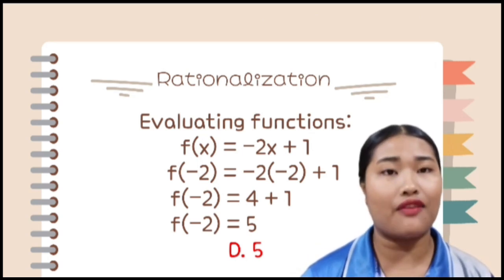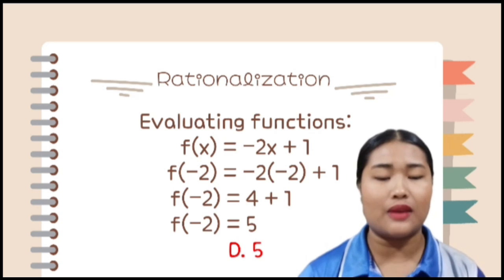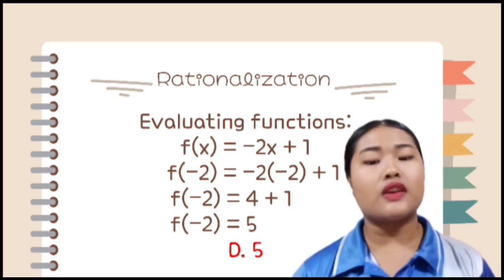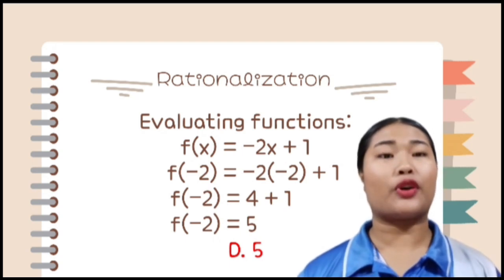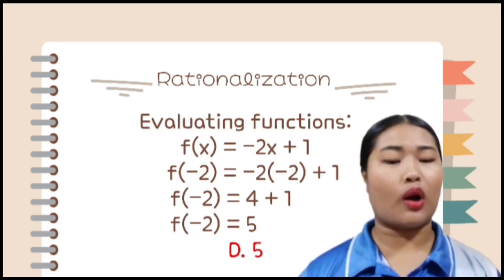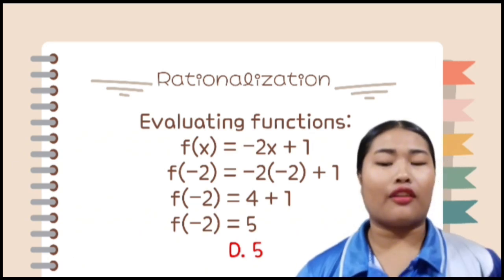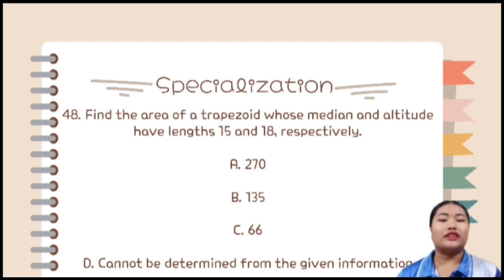Number 48. Find the area of a trapezoid whose median and altitude have lengths 15 and 18 respectively. Letter A, 270. Letter B, 135. Letter C, 66. And letter D, cannot be determined from the given information. For a trapezoid, the median, which is m, is equal to 15, and the altitude, which is the height, is equal to 18.